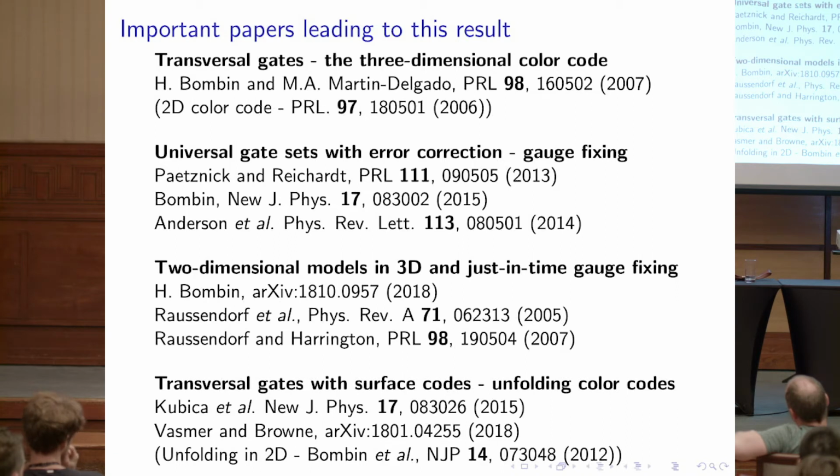But then gauge fixing was introduced, and that's great because we found high thresholds with the gauge color code this way, and we were still able to do the T-gate, but it was still 3-dimensional. So then Hector showed us the colorful quantum computation that we heard about yesterday and a little bit in my talk just now.